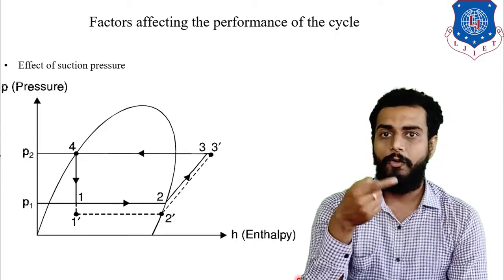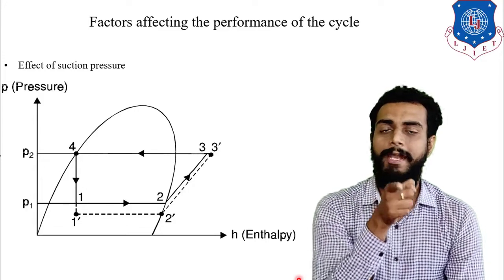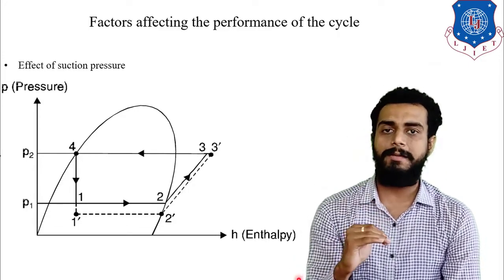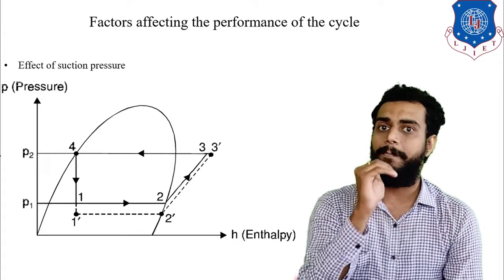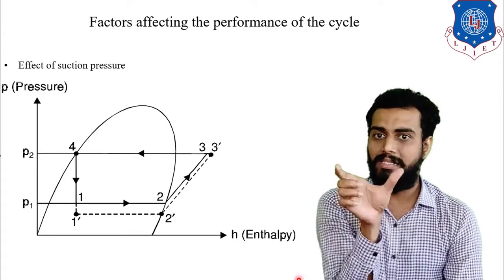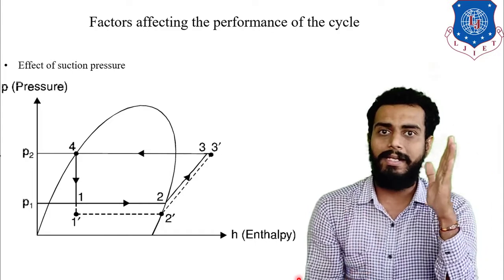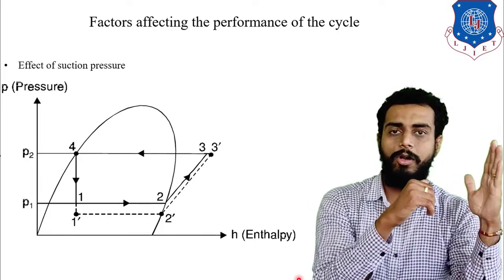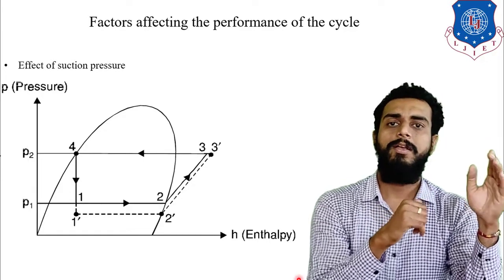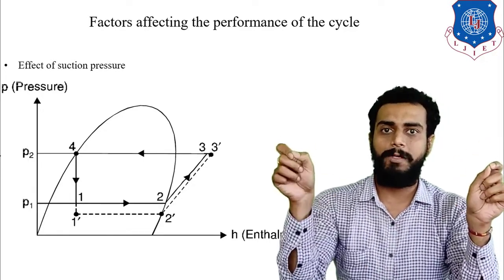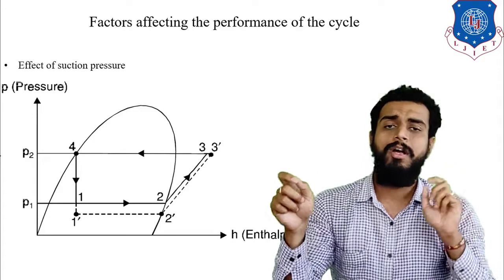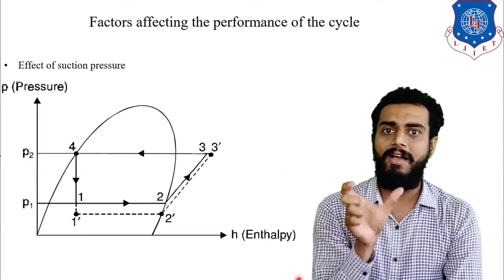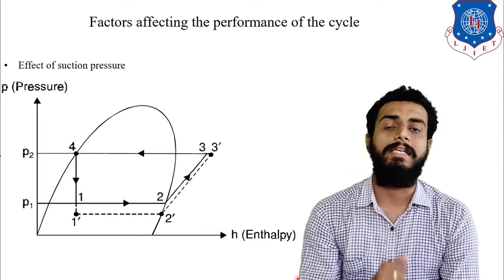The former evaporator had endpoints 2 and 1, and the decreased pressure evaporator has endpoints 2 dash and 1 dash. Point 2 is slightly to the right compared to point 2 dash, so H2 minus H1 has a higher value compared to H2 dash minus H1 dash. That is why the refrigeration effect is decreased.